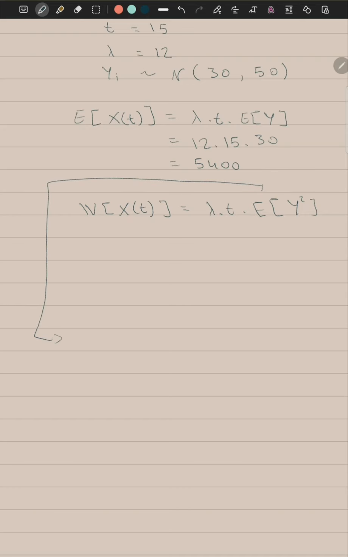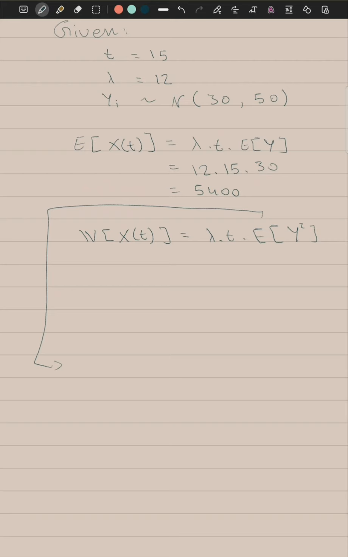Let's come here and solve it. We know that to find the variance of a random variable, we need the following formulation: the expected value of Y squared minus the squared expected value of Y. Here we know this, we don't know this.